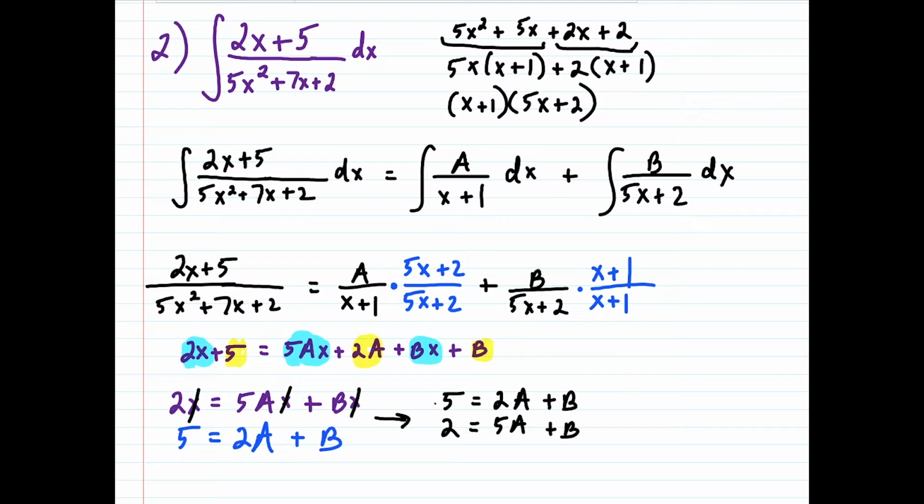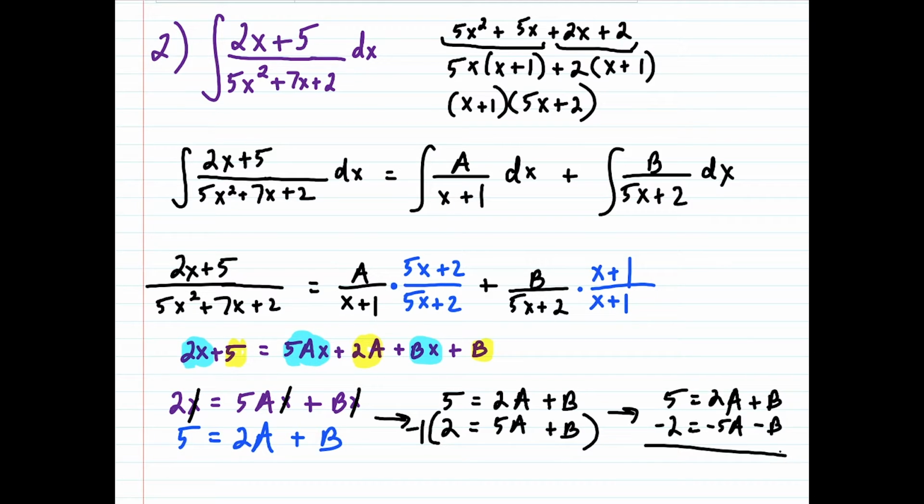And to solve this system of equations, we can multiply the bottom equation by -1. Now what we'll have here is 5 equals 2a plus b, and on the bottom we'll have -2 equals -5a minus b.